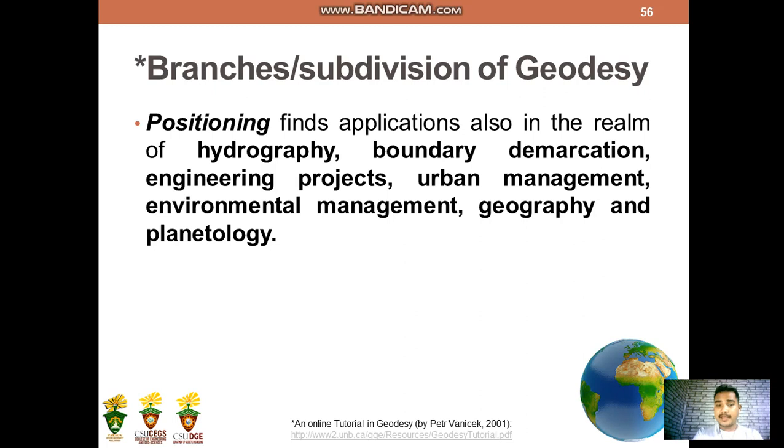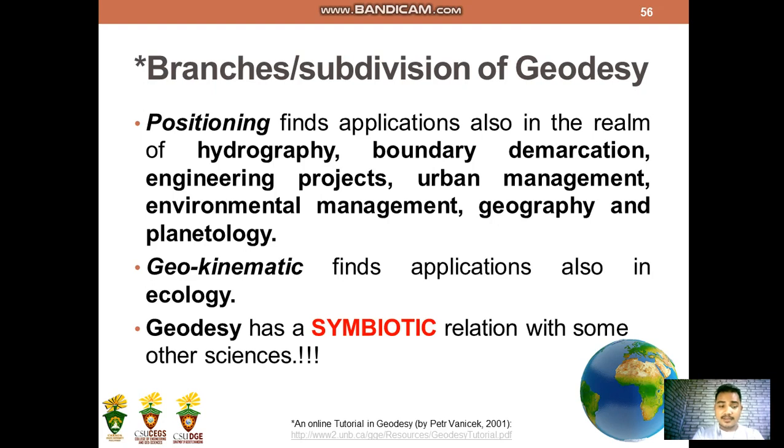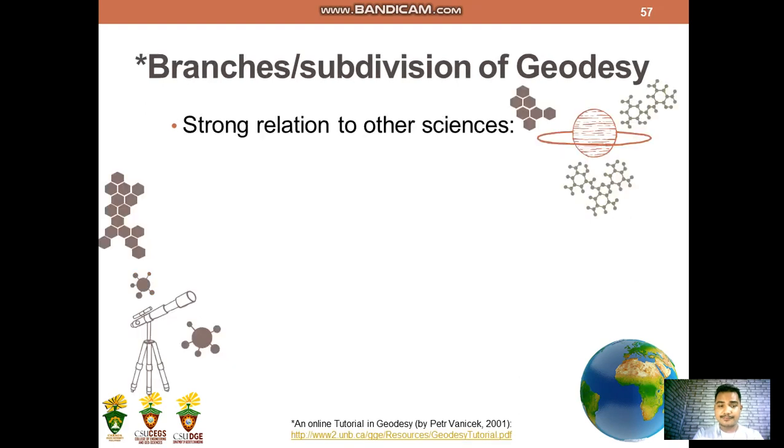Positioning also finds application in hydrography, boundary demarcation, engineering projects, urban management, environmental management, geography, and plantology. Geokinematics finds application in ecology. Thus, geodesy has a symbiotic relation with other sciences.